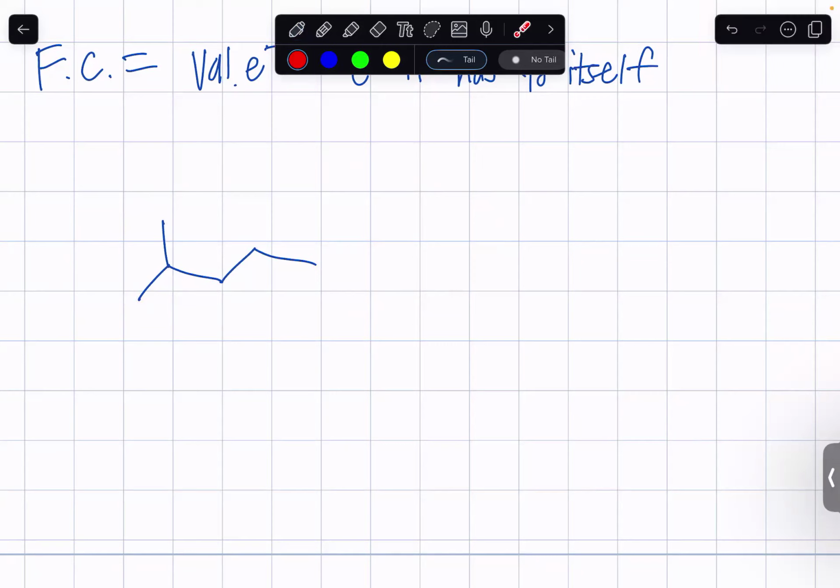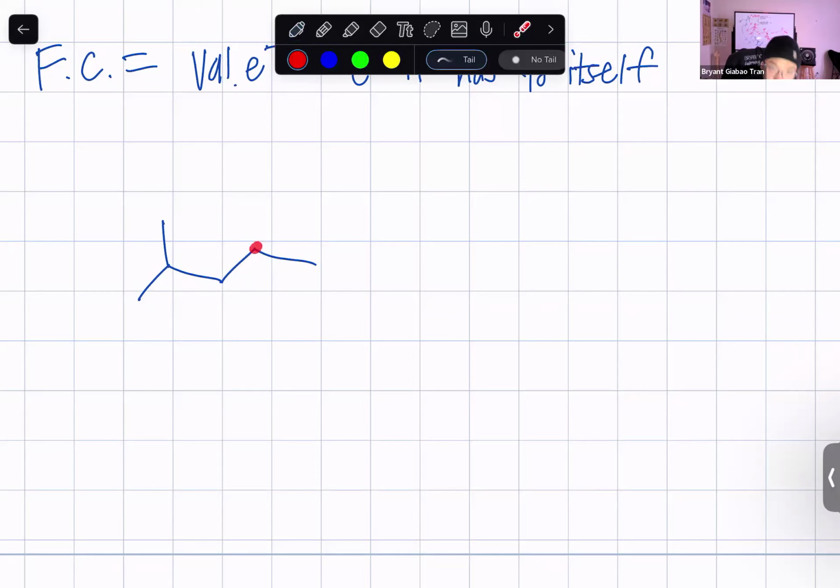It wants to have 8 electrons to fulfill the octet rule. But how many electrons are in one bond? In one bond there are 2 electrons. So what's 8 divided by 2? 4. Yeah, so carbon wants 4 bonds to be neutral.